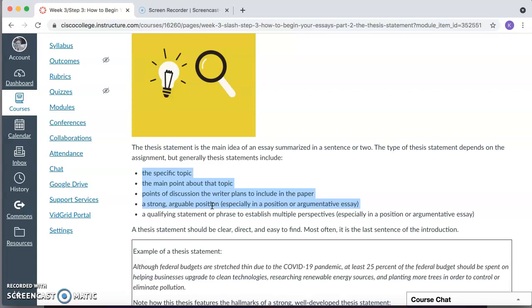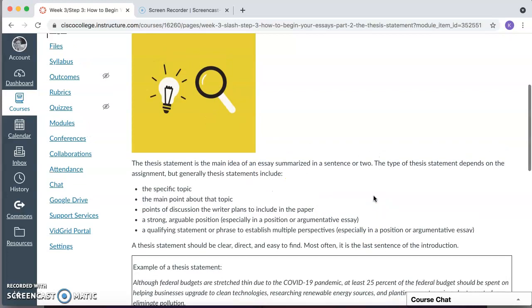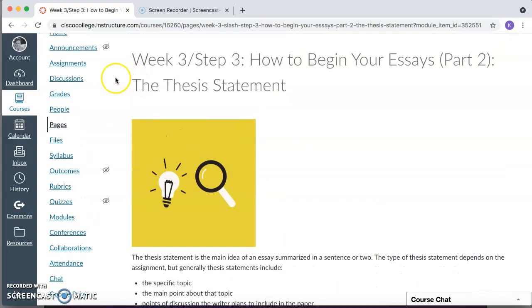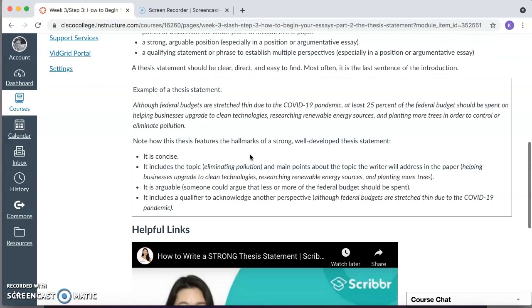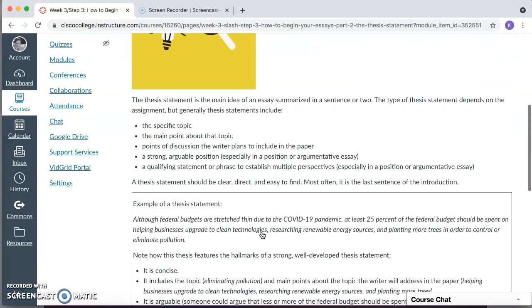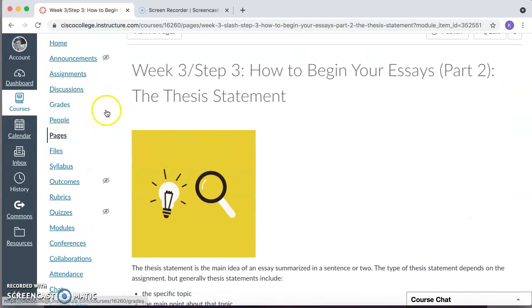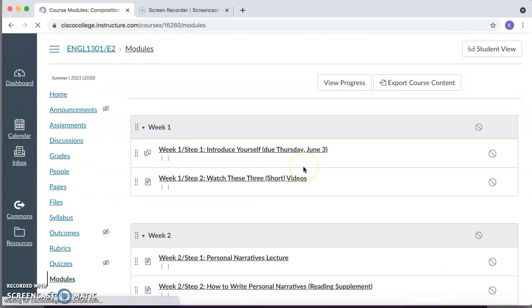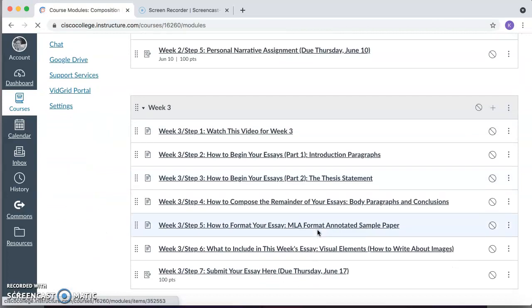Position is your opinion on something, or what you believe to be true about something. So make sure you go over all of this. There's also a quick video about how to compose thesis statements. And that will take care of your introduction.